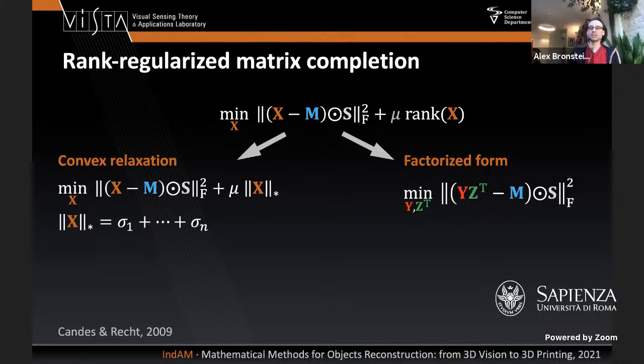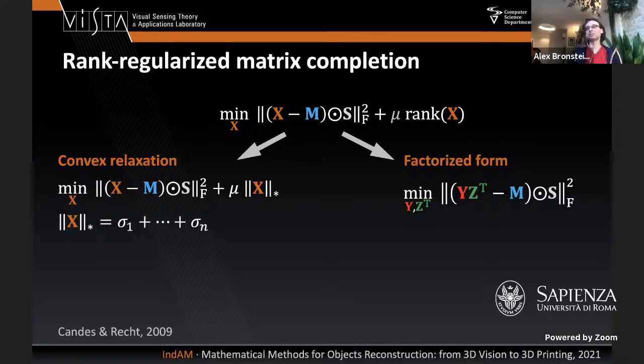Another approach is to enforce the rank by factorizing the matrix. So if I factorize my matrix X into a product of two factors Y and Z transpose, and I demand that the Y factor is narrow and the Z transpose factor is short, so I just put K columns in Y and K rows in Z transpose, then obviously the product matrix has an upper bounded rank.